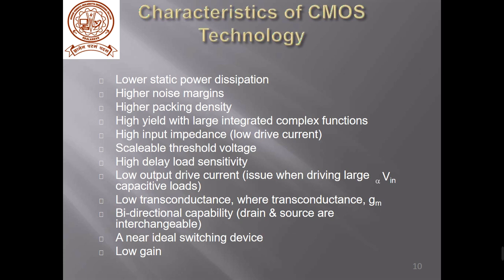Coming to the characteristics of CMOS technology, what are the characteristics? We can list all the characteristics of CMOS transistor technology as well as Bi-CMOS in the next one. The characteristics of CMOS technology are: lower static power dissipation, higher noise margin and higher packing density, that means we are able to place millions of transistors in a single IC, and high yield with large integrated complex functions.